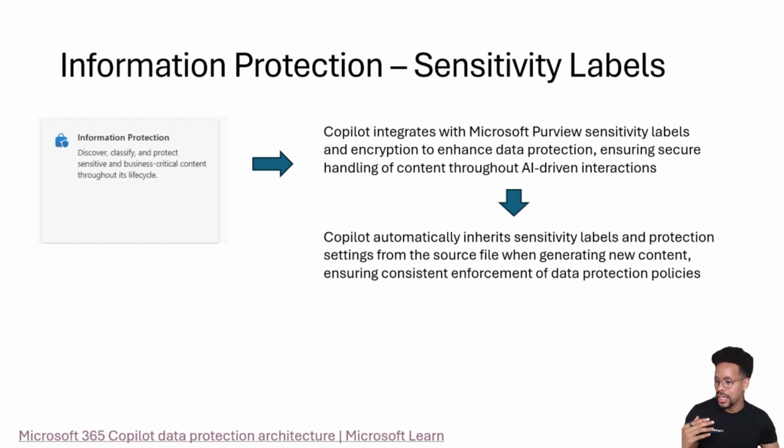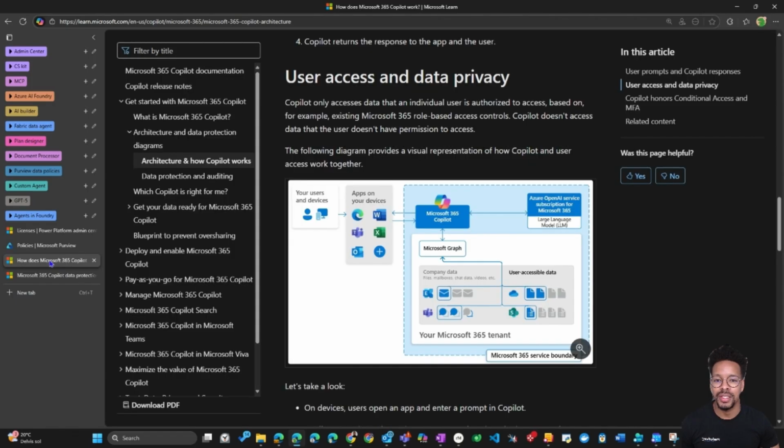For this I will take you to the documentation, where it says that whenever you ask Copilot a question, it uses the Microsoft Graph to access the user-accessible data and company data that the user has access to, uses the LLM to generate the answer and gives it back to the user.